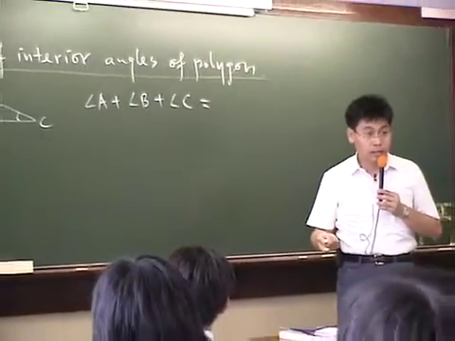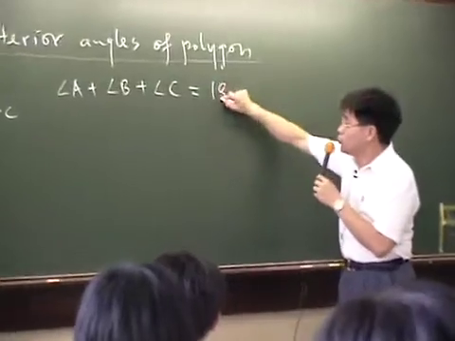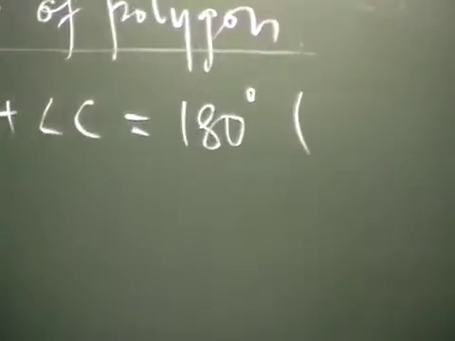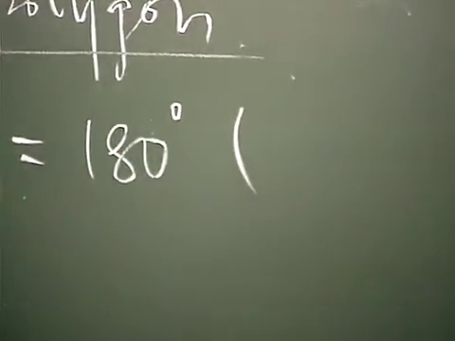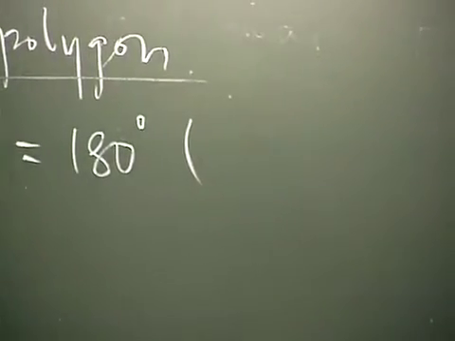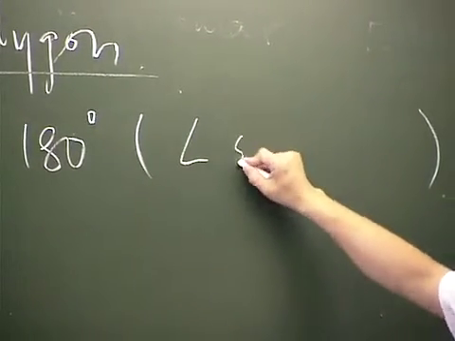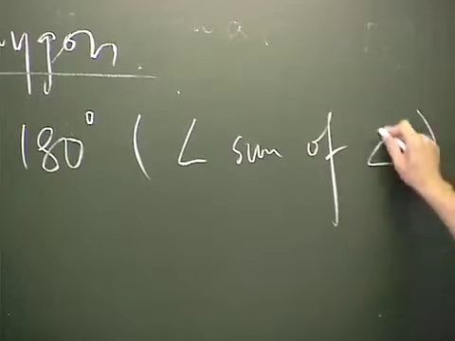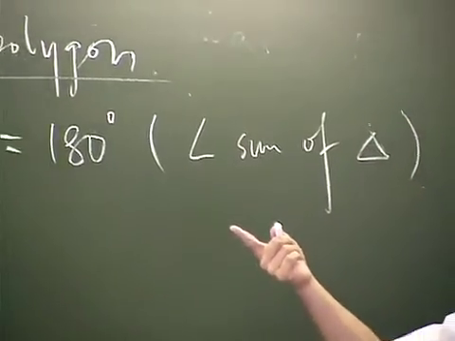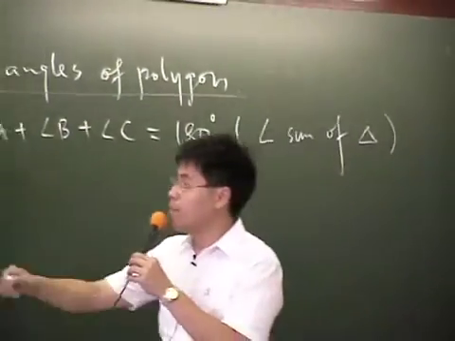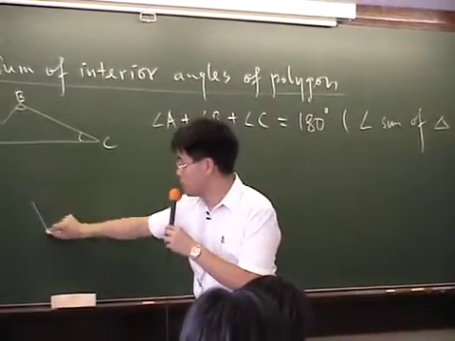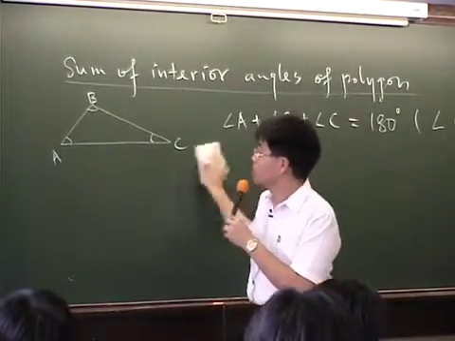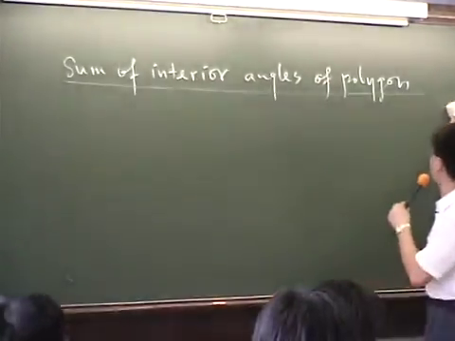Do you still remember the abbreviation to describe such a property? Angle sum of triangle. Okay, how about, for example, we have a four-sided polygon.